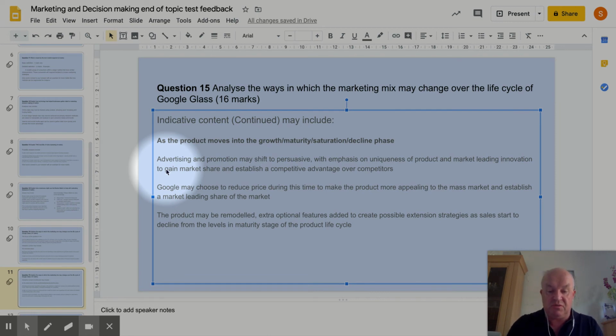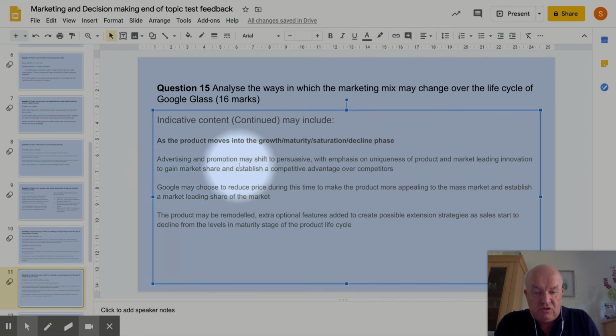So advertising and promotion from growth into maturity should really shift towards a more persuasive message. The emphasis is very much still on the uniqueness of the product and the market-leading innovation that has been developed for Google Glass, or for Google in this particular product area, okay?